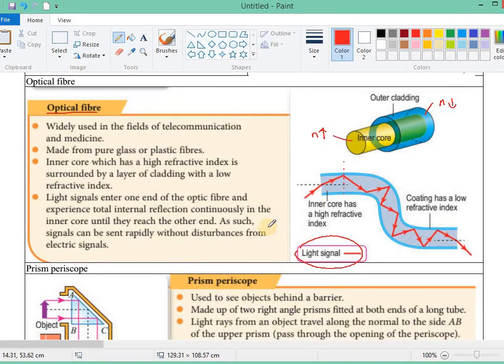This optical fiber is better than sending information using electric wire, because if you send information using electricity, it can be disturbed by electric signals. For example, electric fields and magnetic fields can interfere with the electric signal.